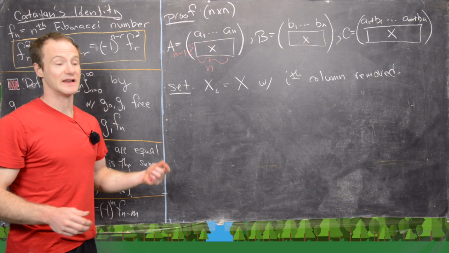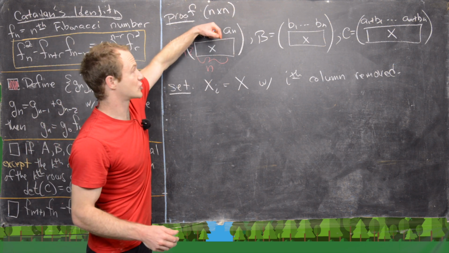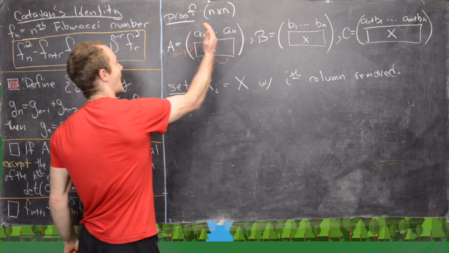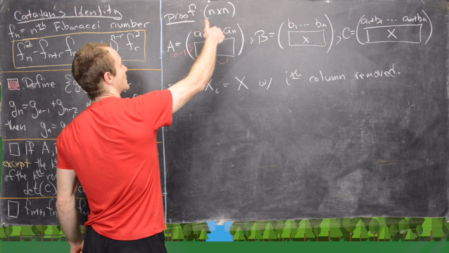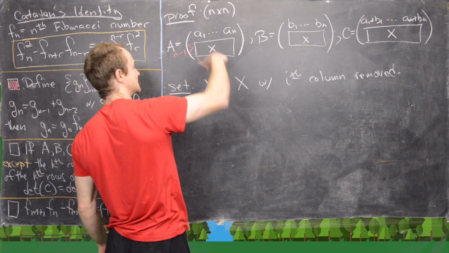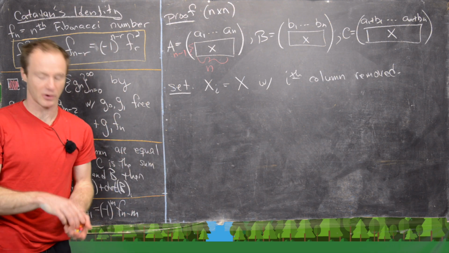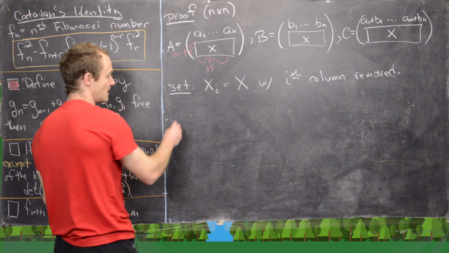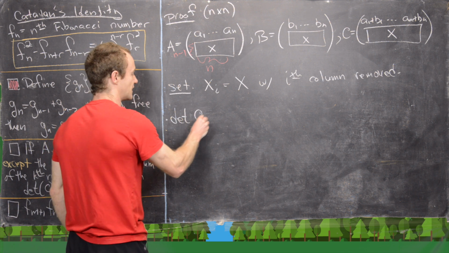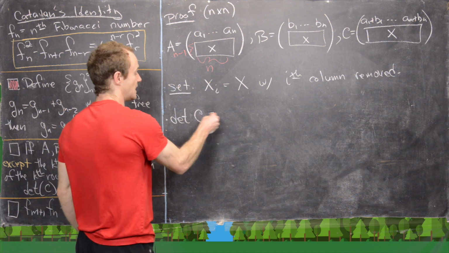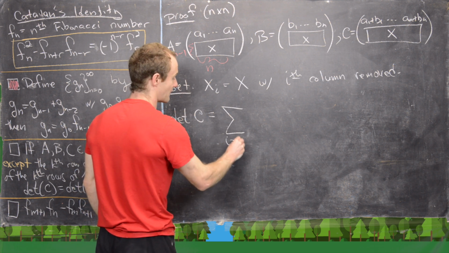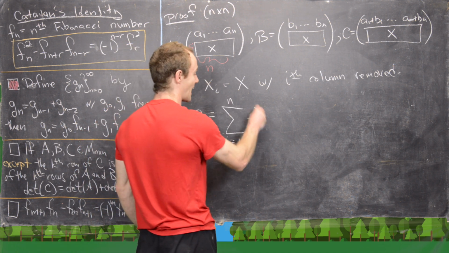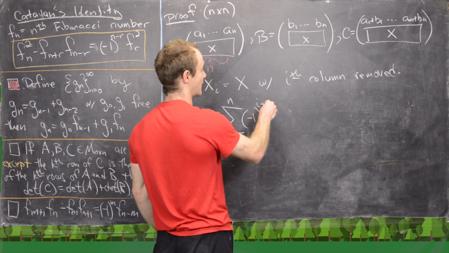So now notice when I expand these determinants by the first row, when I get to the ith column, I will have the ith element from the first row times the determinant of xi. So that's my purpose of doing this. Okay, fantastic. Now let's go ahead and calculate the determinant of C. And so again, like I said, from cofactor expansion, we get the sum i equals 1 to n of minus 1 to the i plus 1.